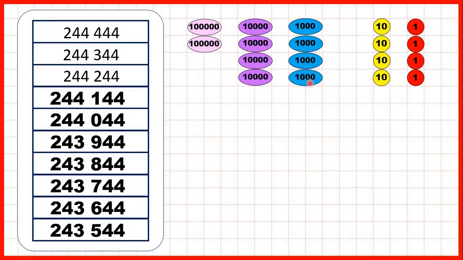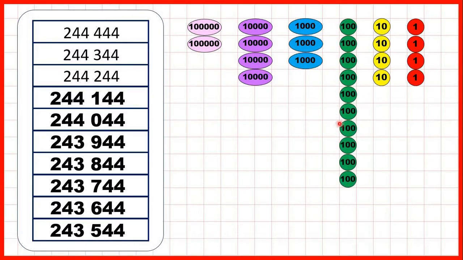But now, to get more 100 counters, we need to exchange one of our thousands for 10 hundreds. So now we can keep on counting back until we get to 243,544. So that's two 100,000s, four 10,000s, three 1,000s because we had to exchange one of them, five 100s, 4 tens and 4 ones.